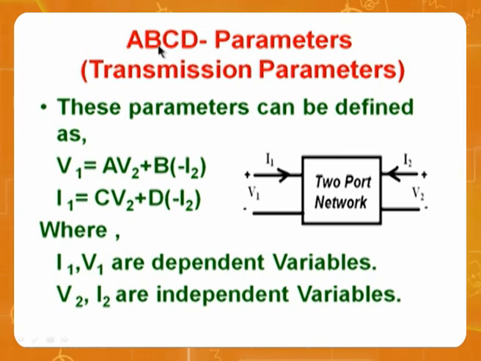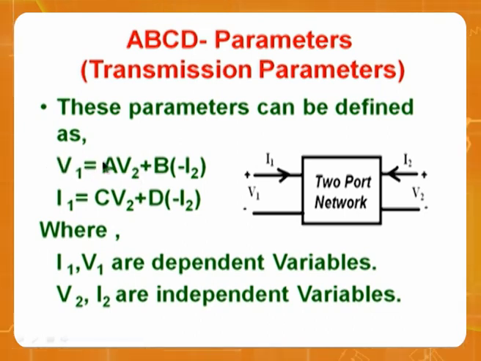Why should we call it ABCD? So far we said Z, Y, H, G, each one having 4 parameters, 1 1, 1 2, 2 1, 2 2. But why not do the same thing here? We cannot do that here because this is 1 and 1, this is 2 and 2. Then how can you maintain the numbers here? Suppose you want to maintain the numbers, because it is for transmission purposes, if I call it T, then what should I write here?